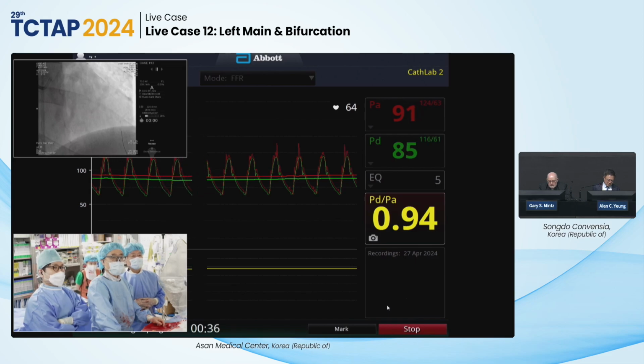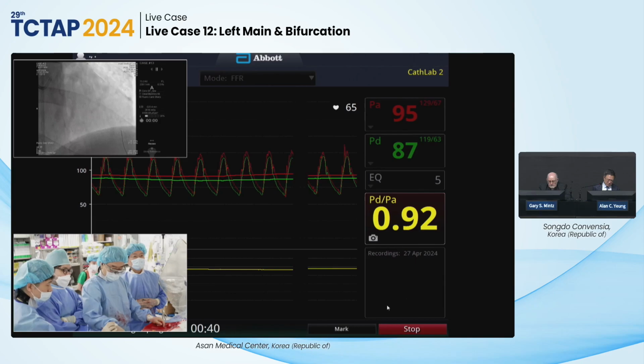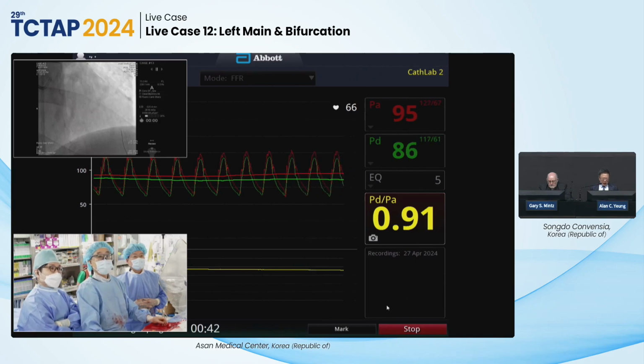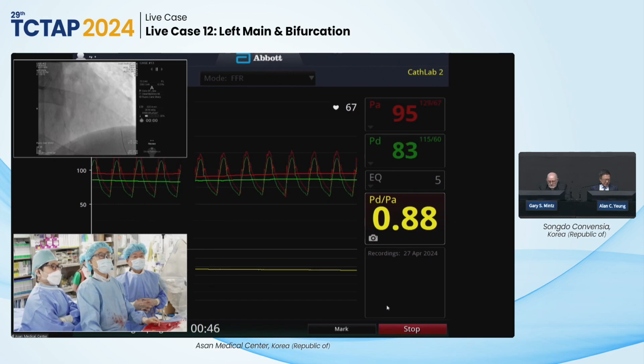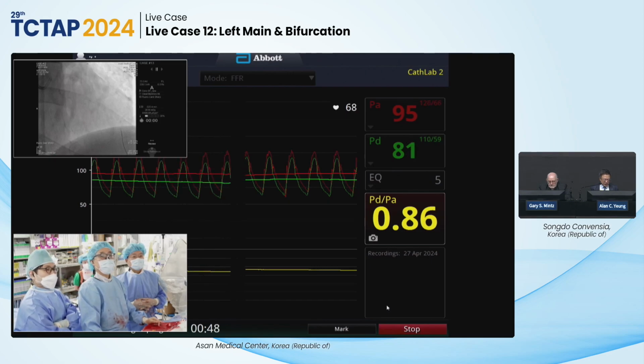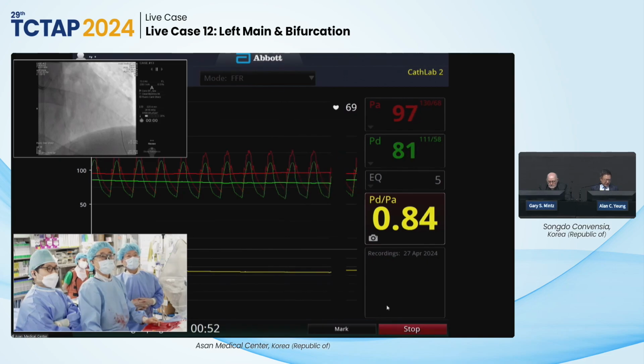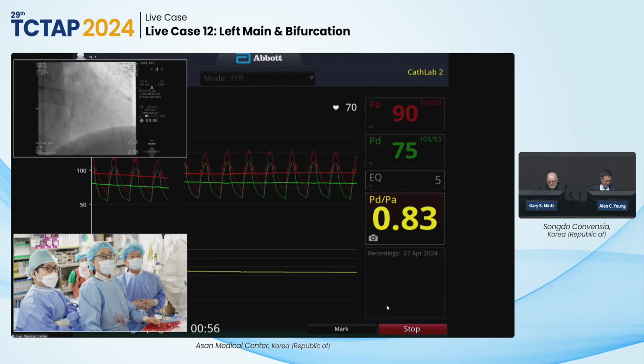Diagonal branch FFR did not match the panel expectation. I was wrong in the sense that I forgot that the LED left main stenosis was pretty severe, and therefore limiting, the distal diagonal FFR should be lower than 0.59. It's going in. 0.83 and A4.